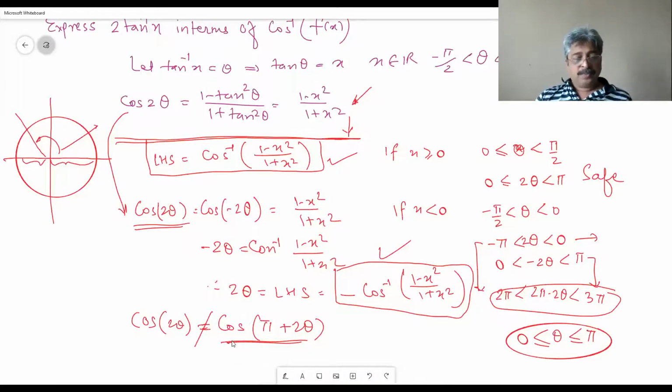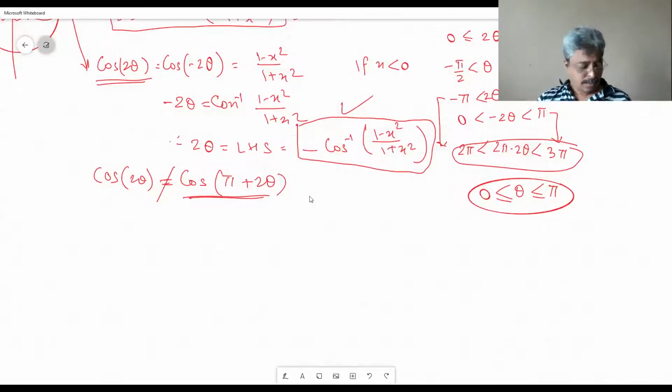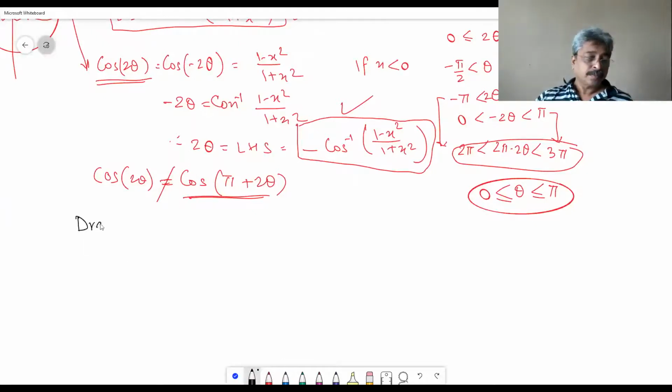Now let me give you the next exercise: sketch, draw the graph of sin inverse of sin x.